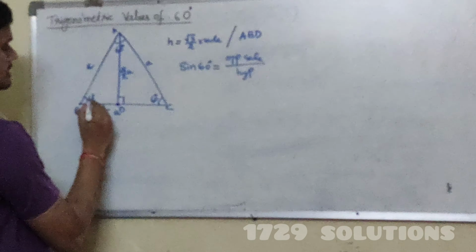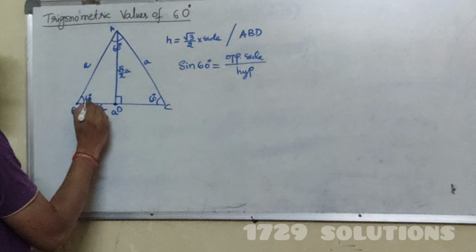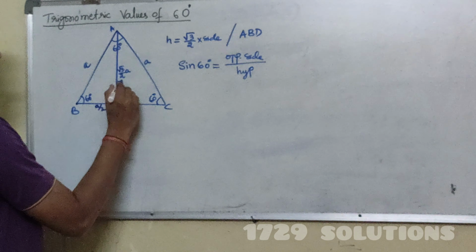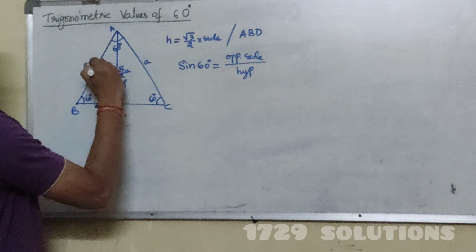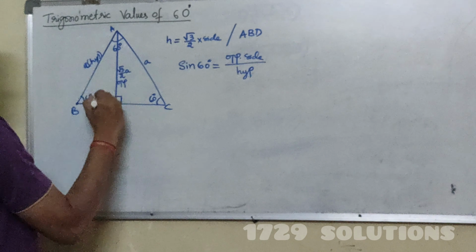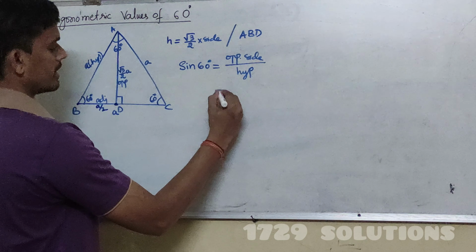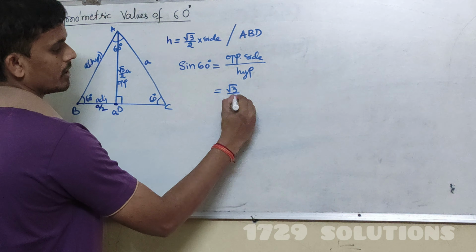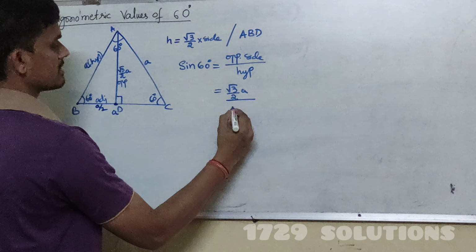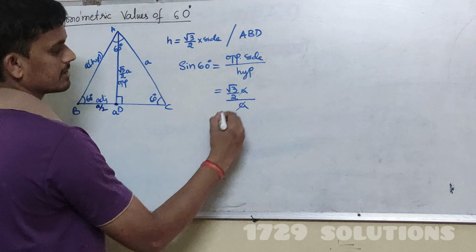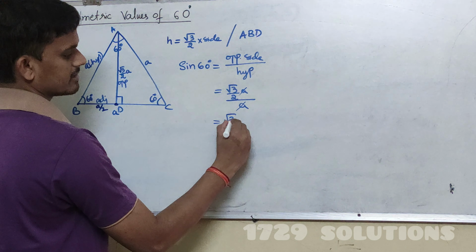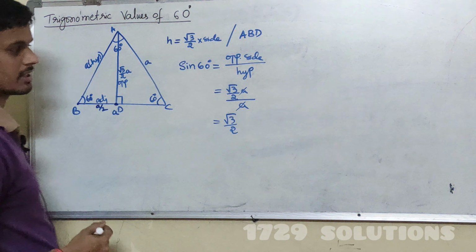In this triangle, this is 60 degrees. So for 60 degrees, this is called opposite side, this is called hypotenuse, and this is called adjacent side. So what is the opposite side here? Root 3 by 2 A by hypotenuse A. So both are cancelled. So what is the value of sin 60? Root 3 by 2. Clear everyone?